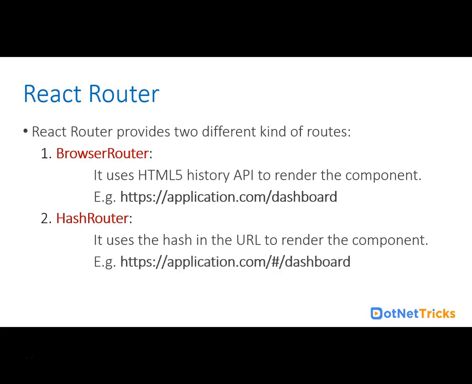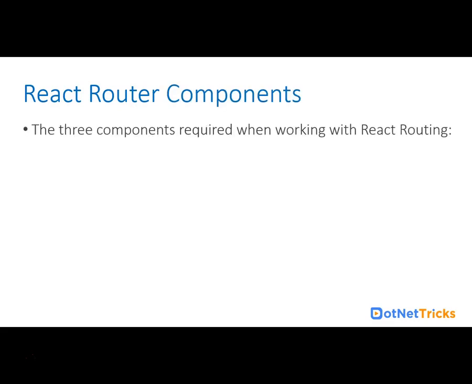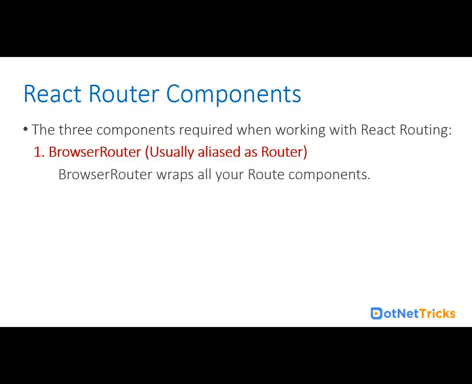In hash router, the URL looks like the domain name followed by hash and then followed by the route. In React router components, as discussed, three components are required when working with the React router. Browser router, which is usually aliased as router, wraps all your routes in the component.